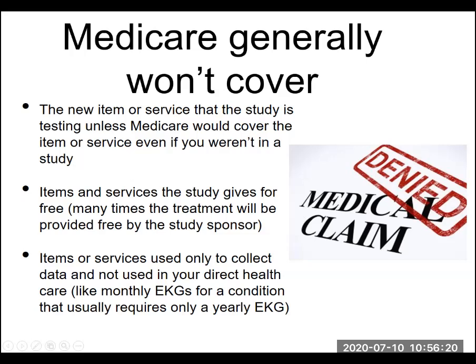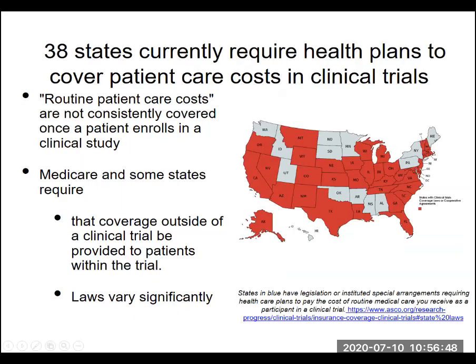And so the example of this: if you have a condition where normally you go for a yearly EKG to take a look at your heart pattern and make sure everything is working fine, if as part of this clinical study, they want to evaluate you on a monthly basis and look at your heart, the clinical study is going to have to pay for the monthly EKGs, and Medicare will only pay for one a year, because that's normal standard of care.